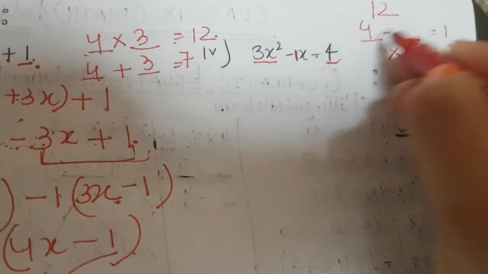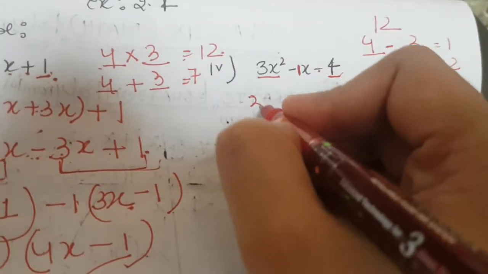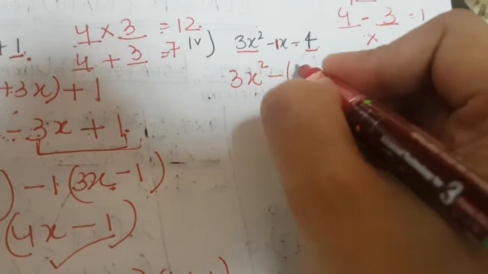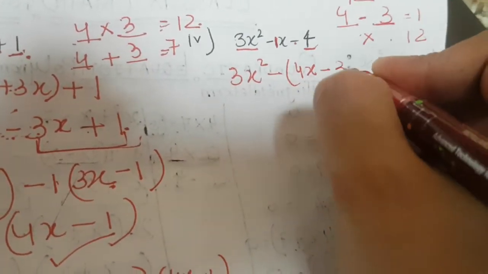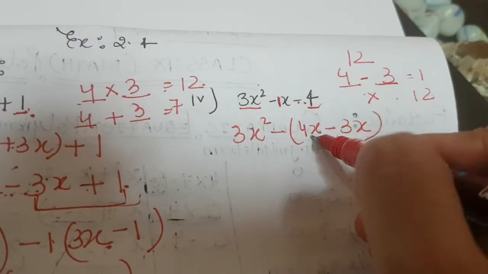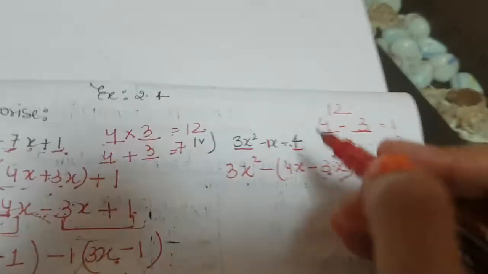The same numbers, 4 and 3, because 4 minus 3 is 1, and 4 into 3 is 12. So in place of minus x we will keep 4x minus 3x. You have to take great care of the sign: if there is minus here, then minus should come, and if there is plus here, then the answer should come by addition, okay.